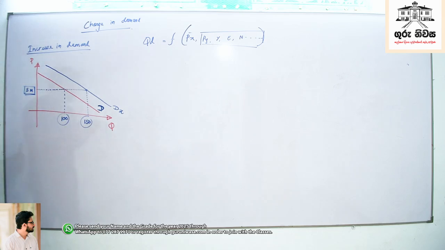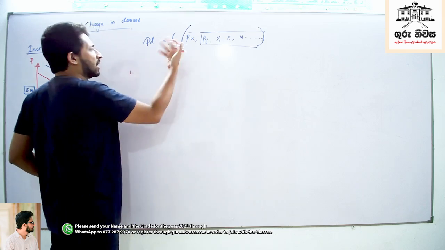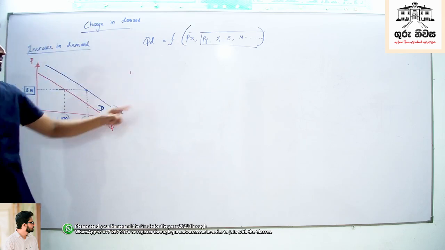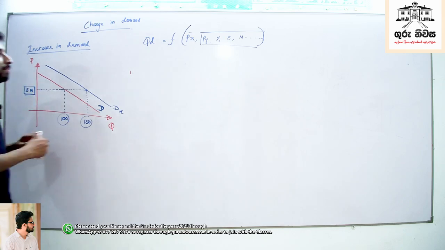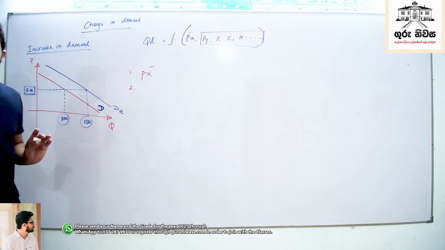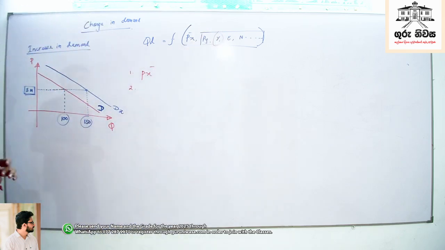So if I ask what are the reasons causing this increase in demand? Number one, Kalana, can I say price of the concerned good has decreased or increased? Can't. Why? You can clearly see that price has not changed. Price of the car remains constant, so Px doesn't affect it. Then there should be a reason, right? Forget Py. What about Y? How should Y change to increase the demand?